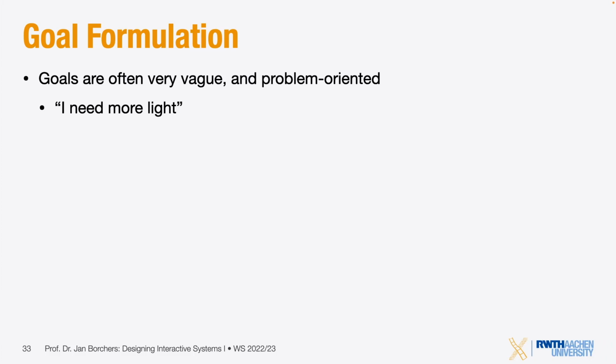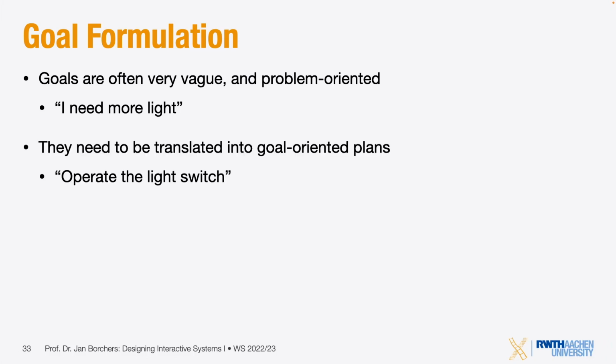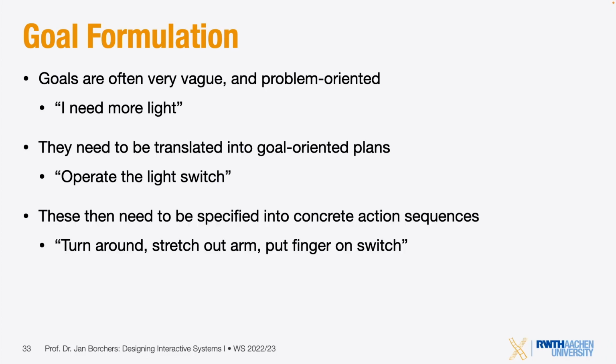Whereas the plan is actually telling me concretely what I'm planning to do to get to that goal. So that's the goal-oriented plan, like operating the light switch. And then you specify these out into action sequences, like I'm sitting down, turning around, stretching out, pushing that light switch.